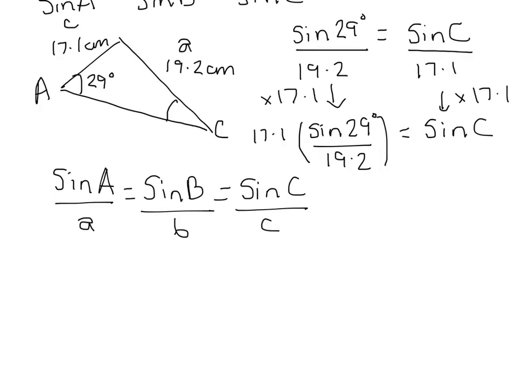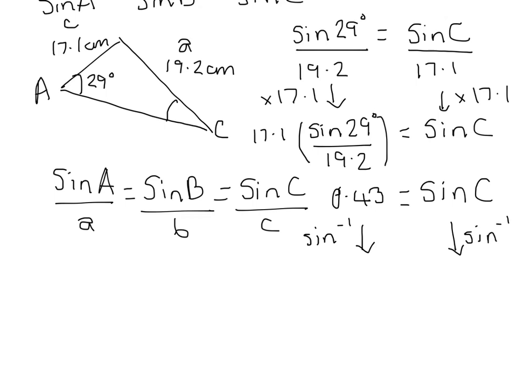So now we've got 17.1 times, in brackets, sine 29 degrees over 19.2. I'm going to do sine 29 over 19.2, which gives me 0.02525, etc. I'm going to multiply that by 17.1, which means that 0.43 to 2 decimal places equals sine C. Now, I don't want sine C, I just want C. So I'm going to do the inverse of sine, which is sine minus 1.